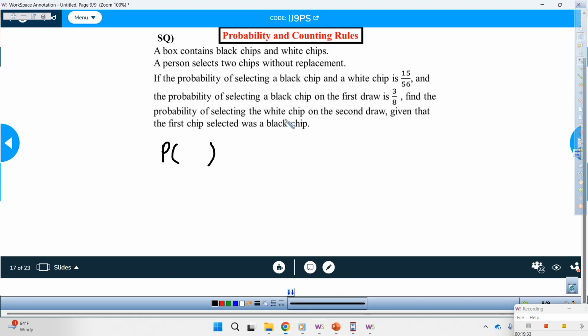Find the probability of selecting the white chip on the second draw given the first chip selected was a black chip. Okay, so formula, P of B given A is equal to P of A and B over P of A.